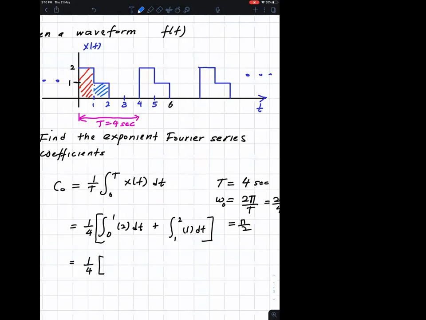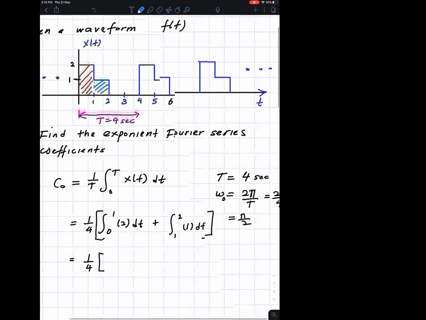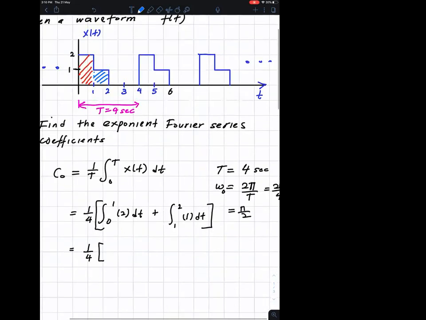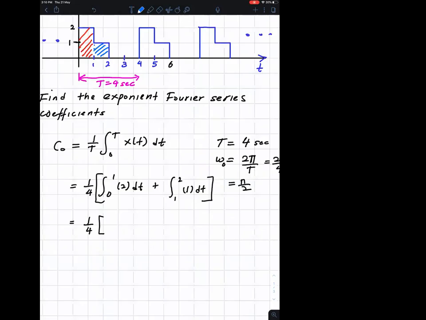Since this geometry is a rectangle and a square, instead of integrating, you can use the most basic area formula for a rectangle or square, which is just length times breadth.